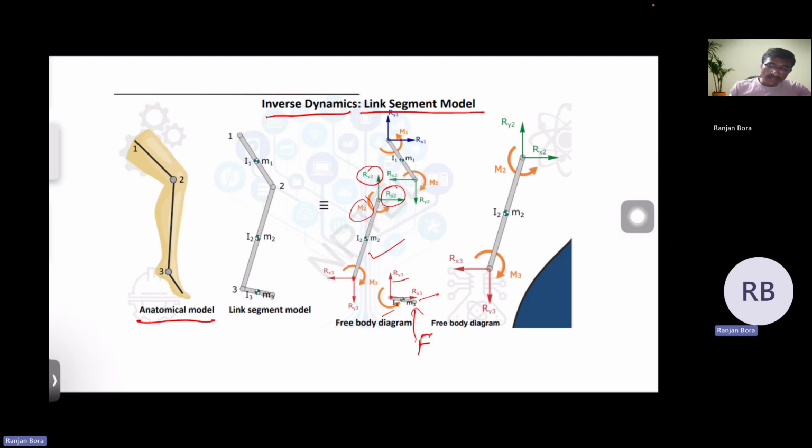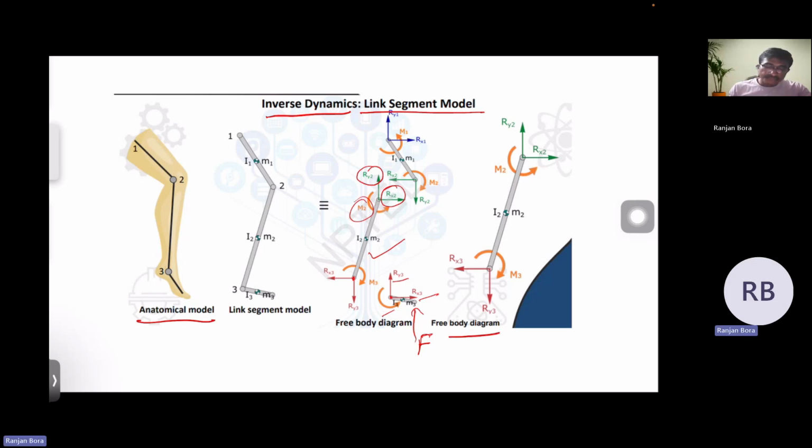Then this reaction data can be used to estimate the reaction moments and forces at the hip joint. Likewise, it is an inverse approach. We start from the foot, then tibia, then femur, and then we can estimate the reaction forces at the hip joint.